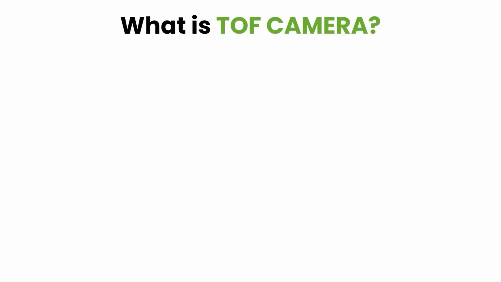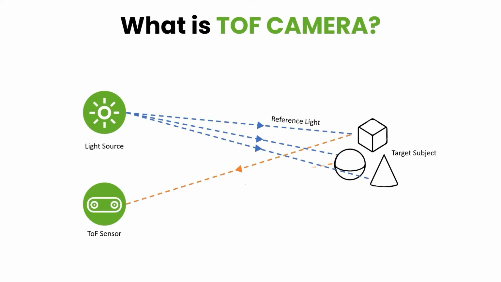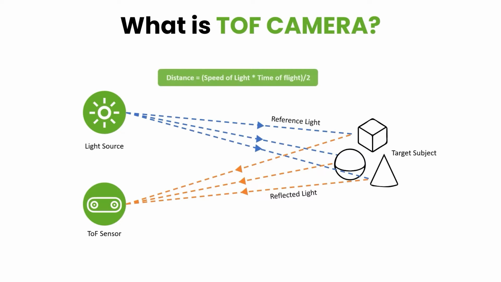As you might know, time-of-flight sensors work based on the light illumination technique, wherein the sensor emits light to the target object and captures the reflection from it. The depth or distance to the target object is then calculated using the time it takes for the light to return to the sensor. The calculation is done using a simple formula where distance equals time multiplied by speed.